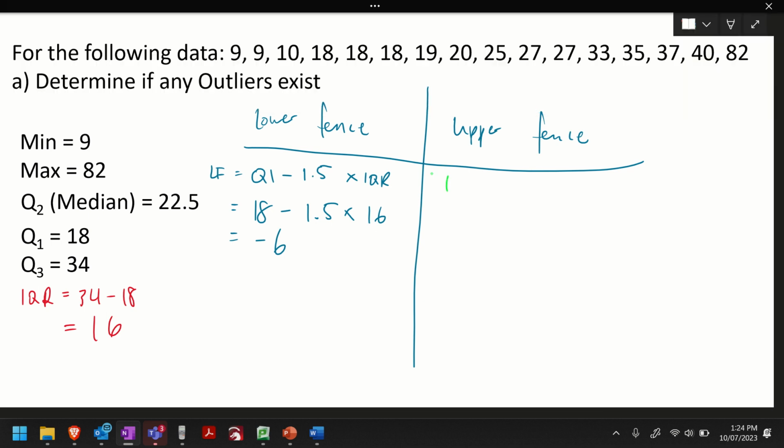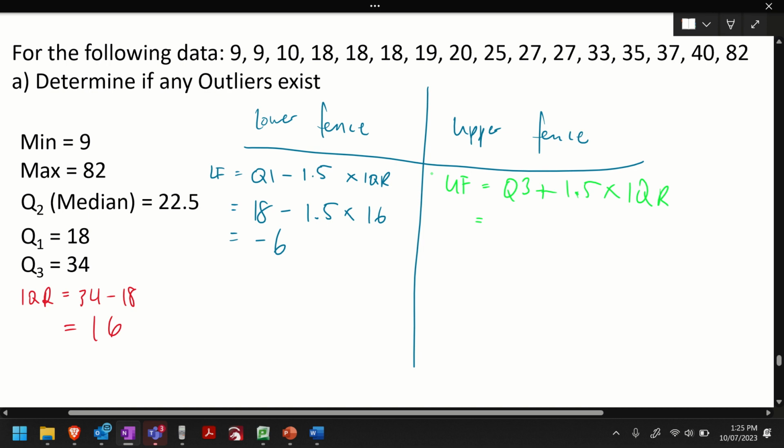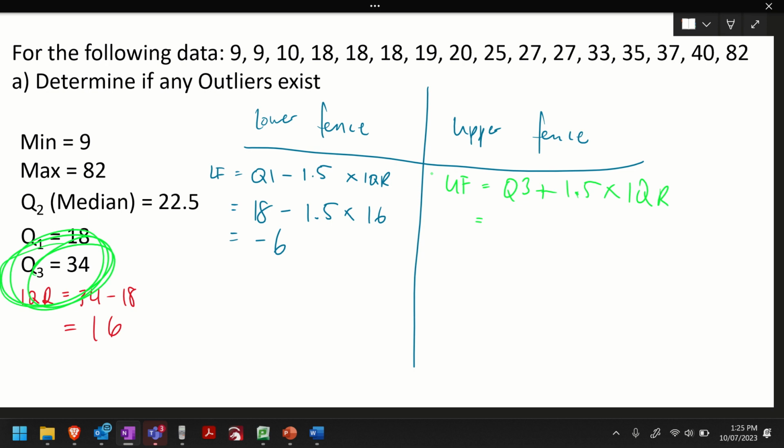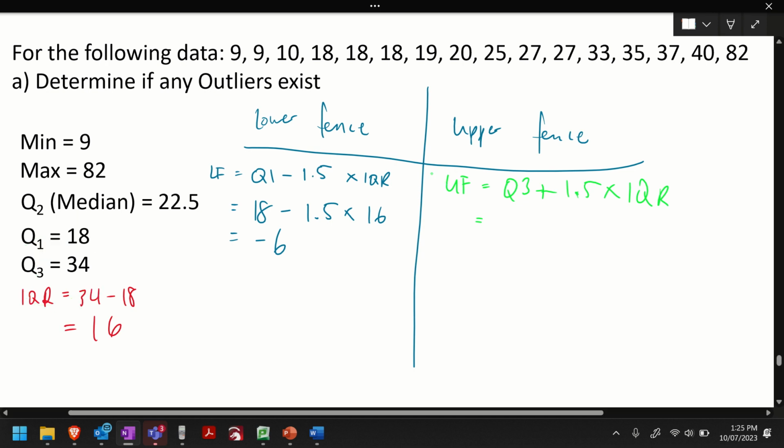Upper fence, remember the formula is... actually, does anyone want to tell me what it is? It's Q3 plus 1.5 times IQR. That's your upper fence. So let's work that out. Colin, what's my Q3 in this data set? I'm circling it for you. 34, okay?